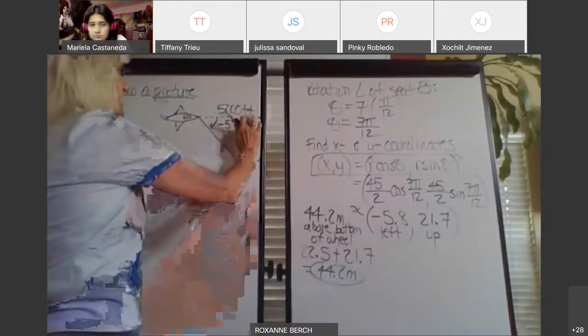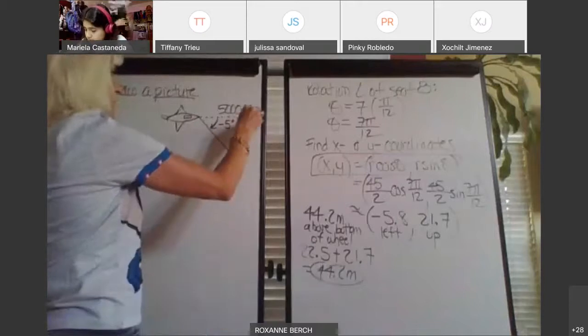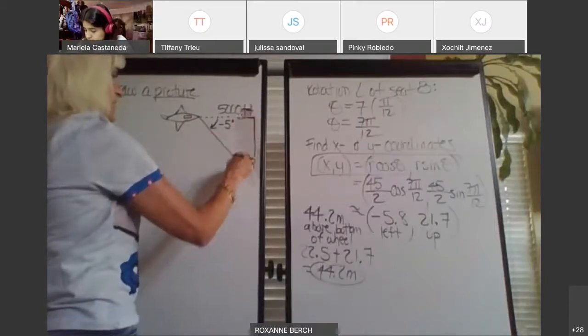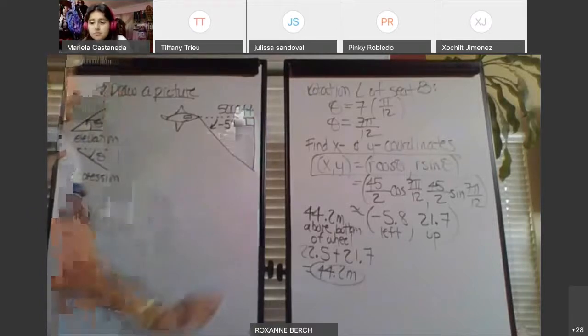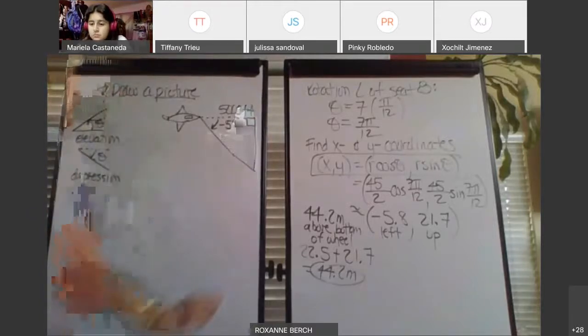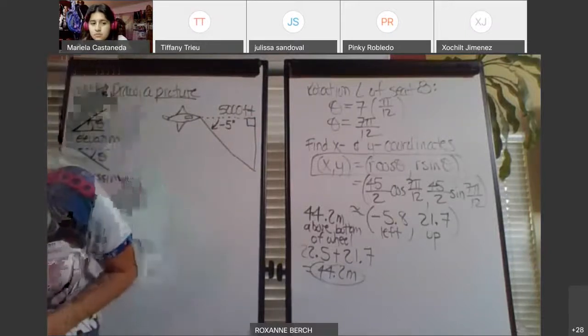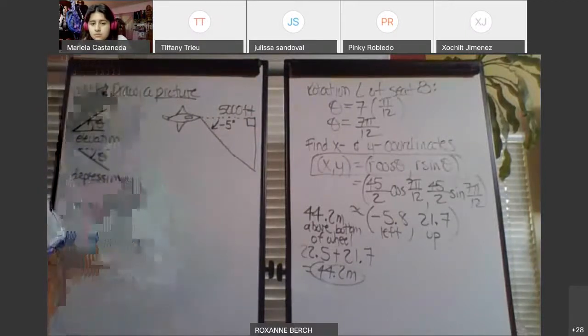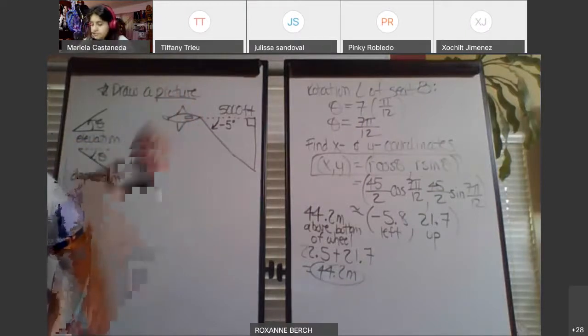So what we're going to see here is a triangle that looks like that. So that's how you want to draw it because of the reading. So I'm going to read it again. An airplane begins to descend toward a runway 1 mile away at an angle of -5 degrees to the horizontal.